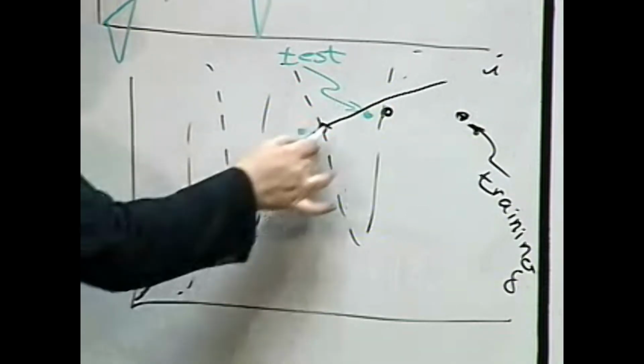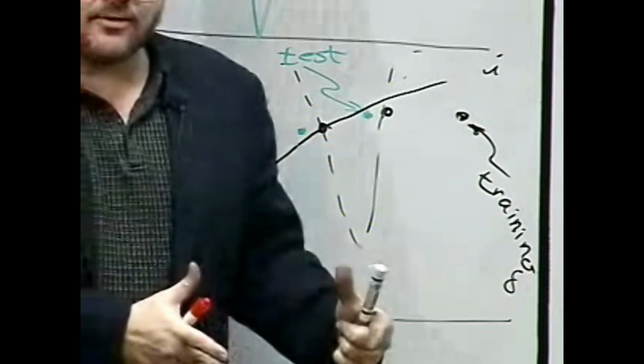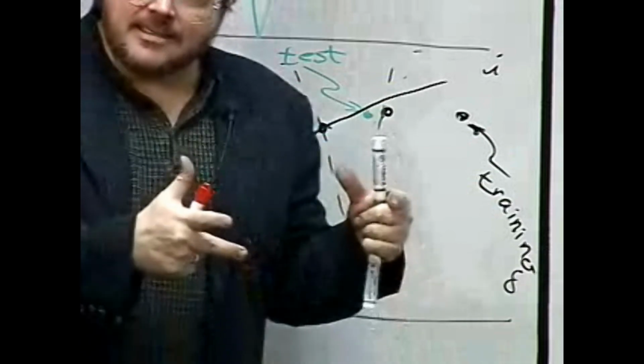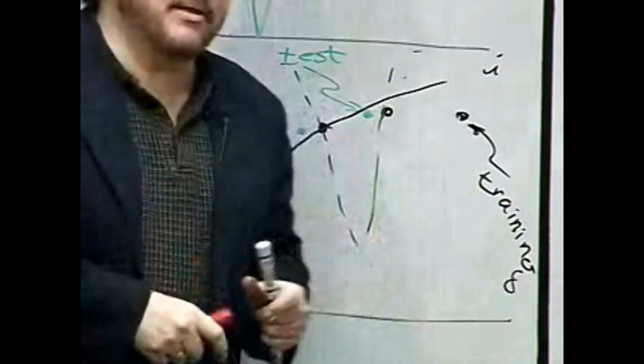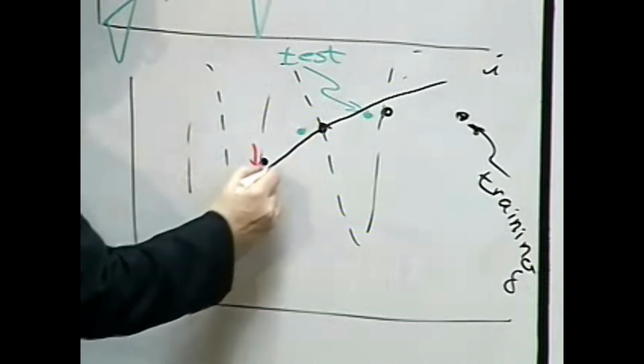Now, how do I know that the smooth one is better? Well, I train my classifier, or my regression machine in this case, and I pull out this test data that I've set on the side. And I apply this test data that the machine has not seen before, and I look at the error with respect to the test data only.